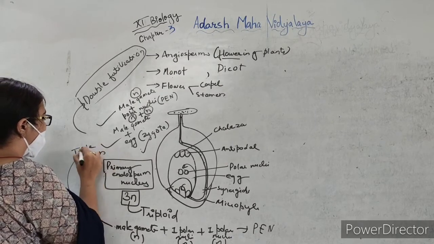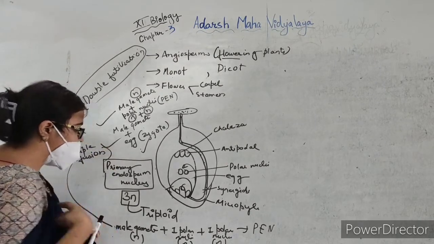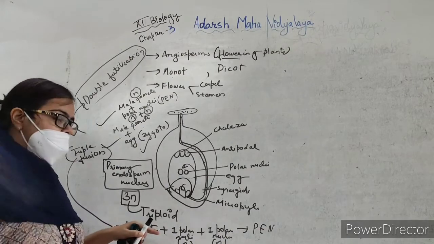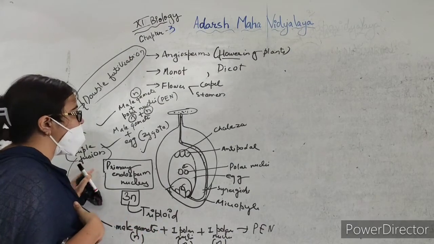Because three haploid cells fused with each other and form the primary endosperm nucleus. So this is called triple fusion.